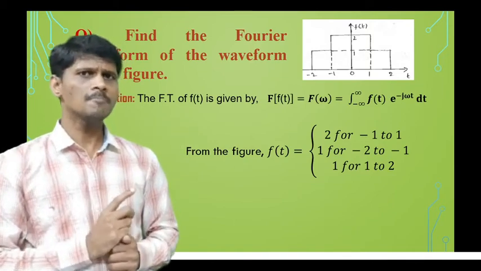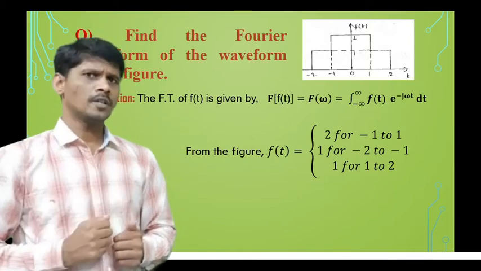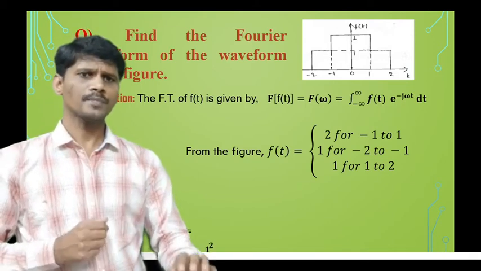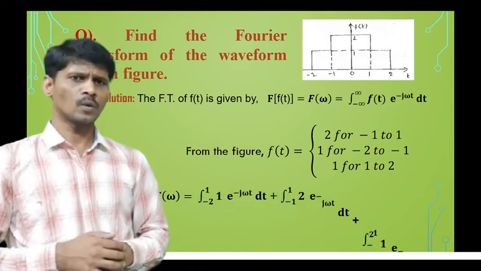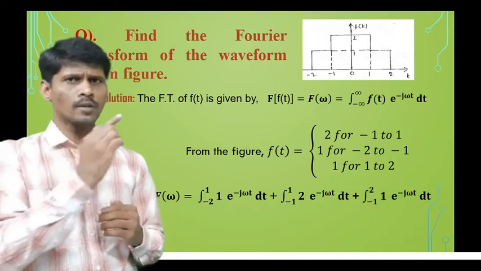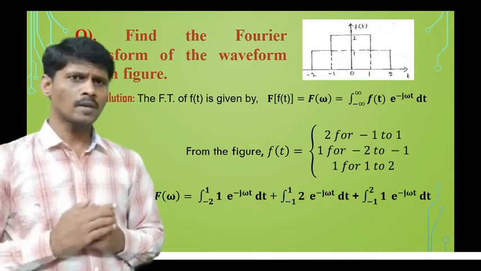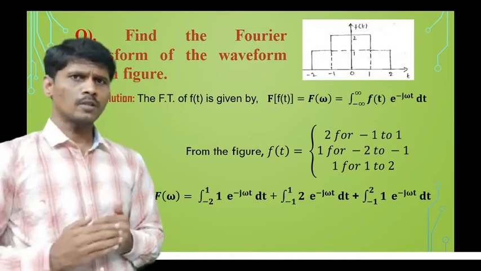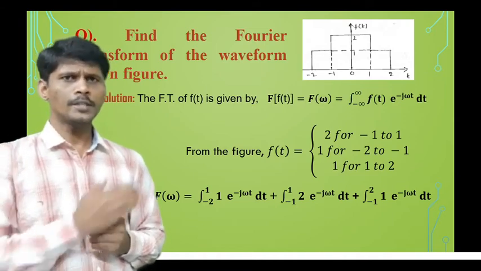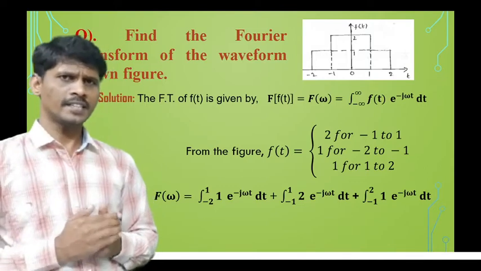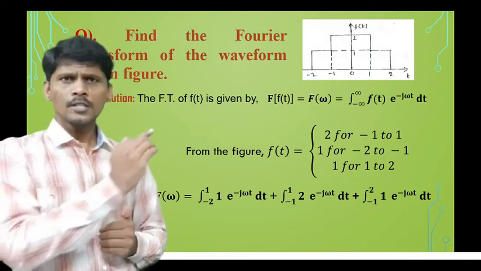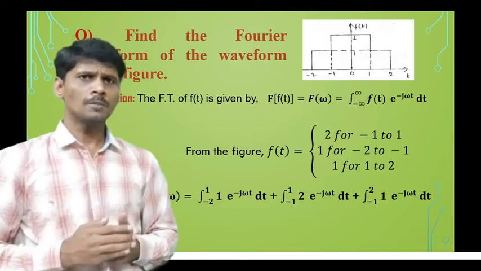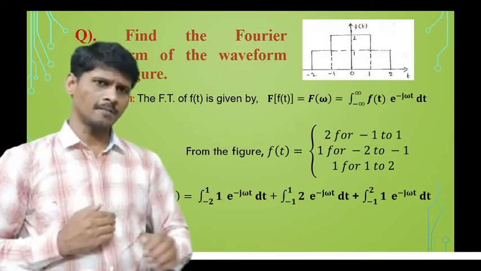Now applying the given data into the definition of the Fourier transform of a signal. F of omega is equal to the integral from minus 2 to minus 1 of f of t, which is 1, into e power minus j omega t, plus the integral from minus 1 to 1, where f of t is 2, into e power minus j omega t dt, plus the integral from t equal to 1 to 2, where f of t is 1, into e power minus j omega t dt.